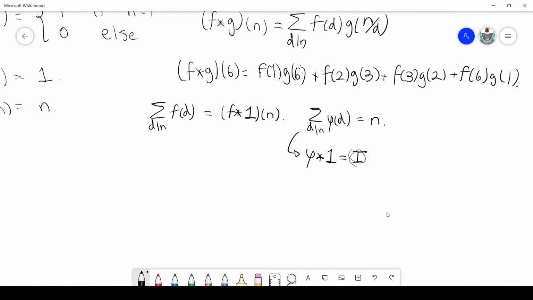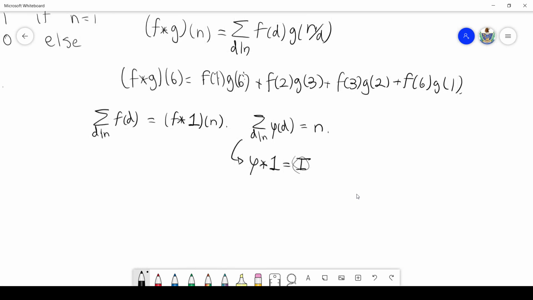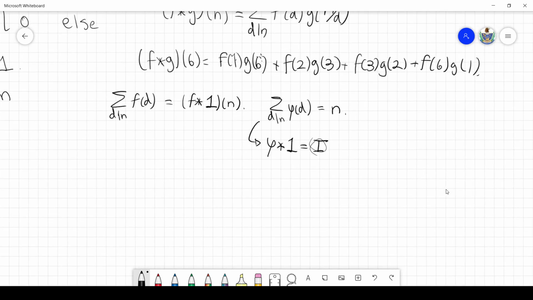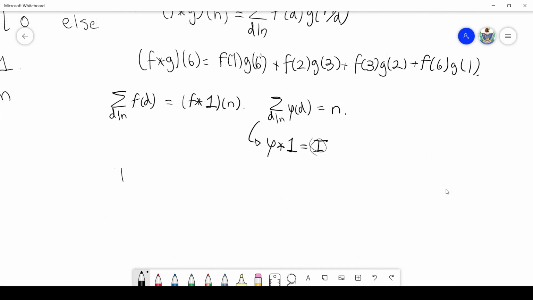For another example, let's consider the identity convoluted with 1.